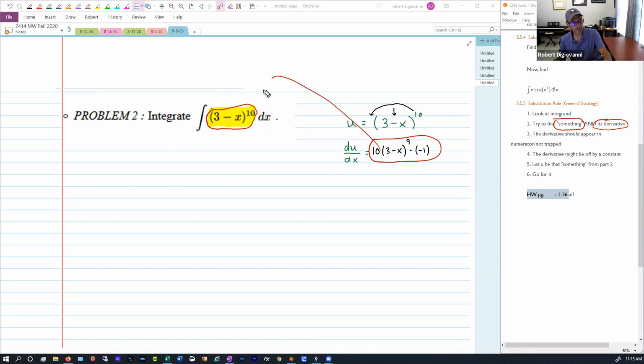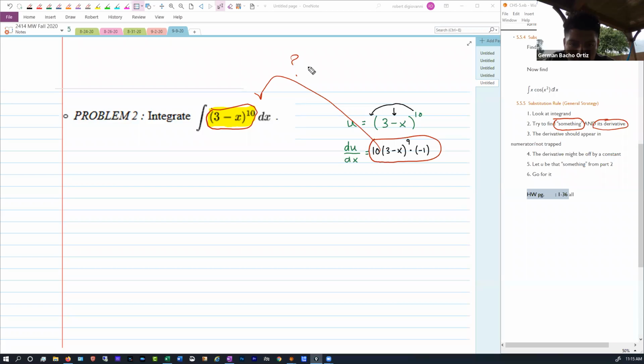Do you see its derivative anywhere in there? No. So what do you think that means, German? That we're still not done. Yeah, we're still not done, but more than that, we need to start over. That means your choice of u doesn't work. Does that make sense? Yeah.